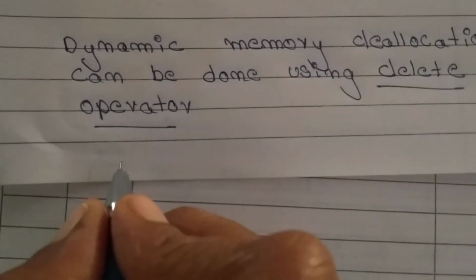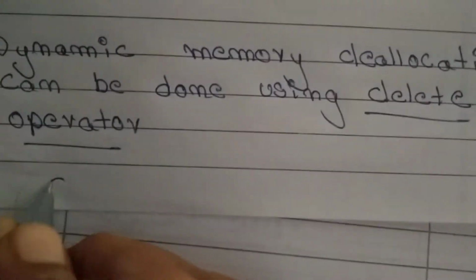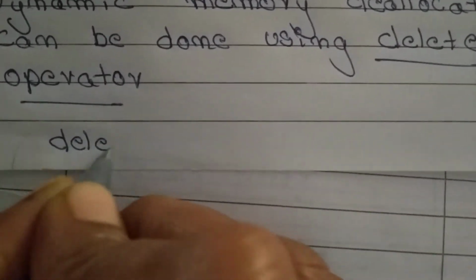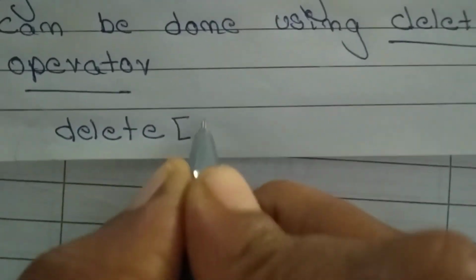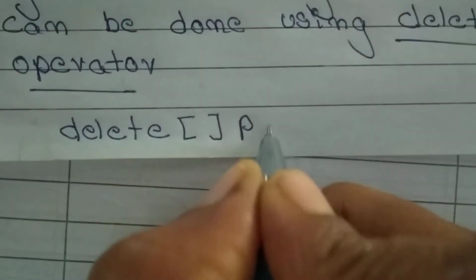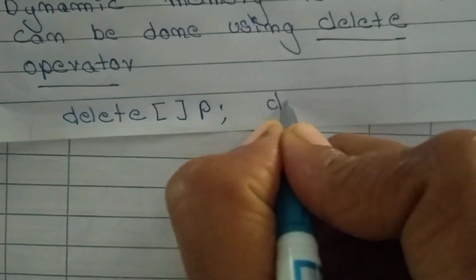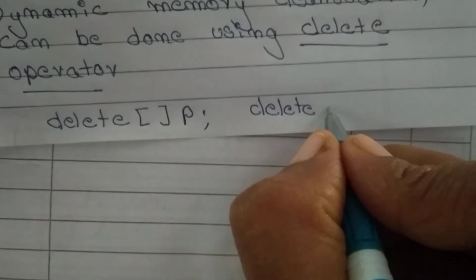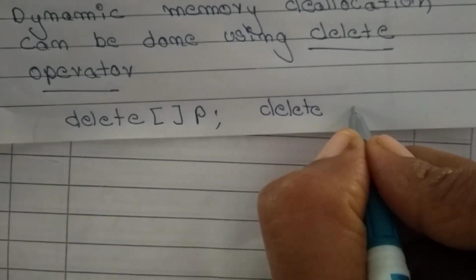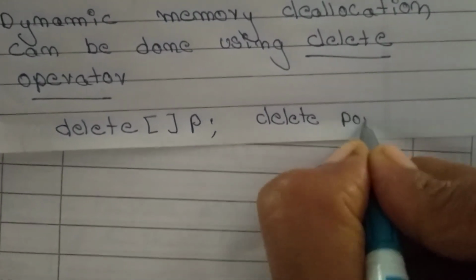So how are we going to write the delete operator? Delete, D-E-L-E-T-E. How many locations we will mention here? Delete p, the address. Or you can write the syntax like this: delete, and we'll tell how many locations are to be deleted and the pointer variable name.